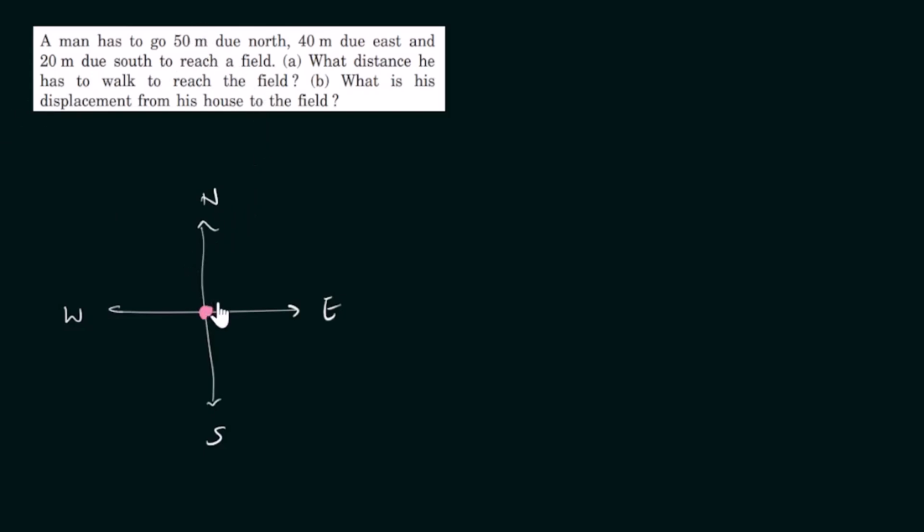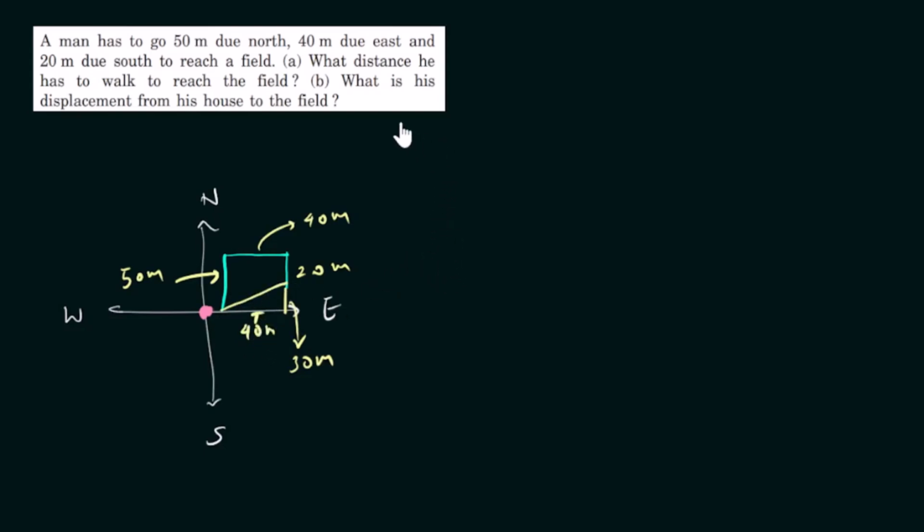First the person goes 50 meter due north, 40 meter due east, and 20 meter due south. This is 50 meter, this is 40 meter, this is 20 meter. So the remaining part will be 30 meter, this is 40 meter.